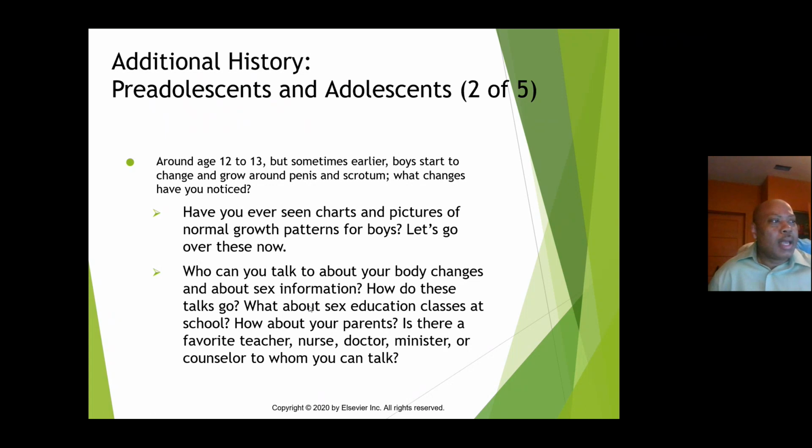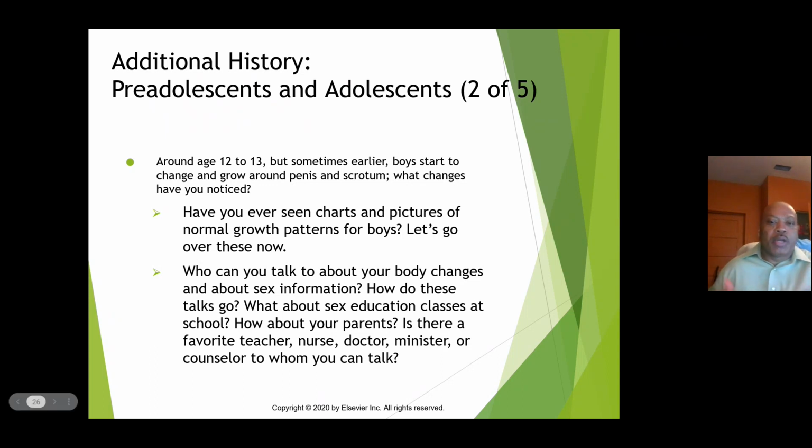We also want to ask them if they have ever seen a chart and pictures of normal growth patterns for boys. I think that's the SMR chart. It shows you these different stages of development, and it would be good to have handy as you have this discussion, just to give the child a visual.